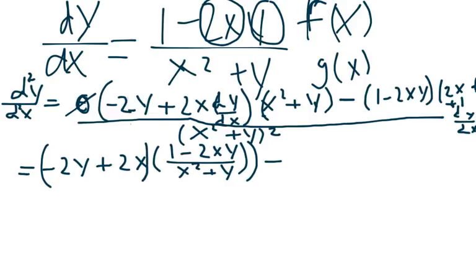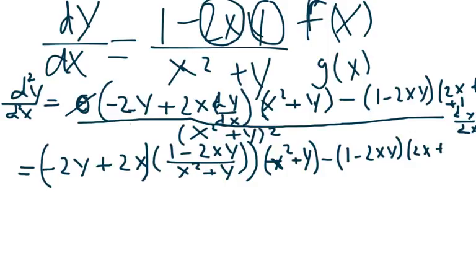We forgot x squared plus y, so x squared plus y plus that was the g of x, minus 1 minus 2xy times 2x plus 1 minus 2xy over x squared plus y, because that was the dy over dx. And all of this goes over x squared plus y squared.